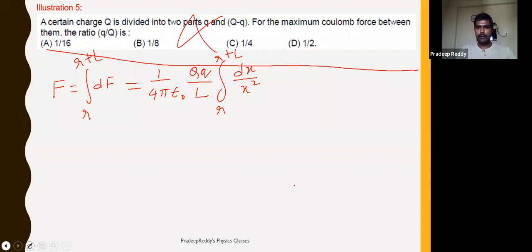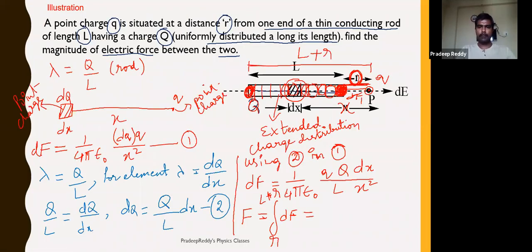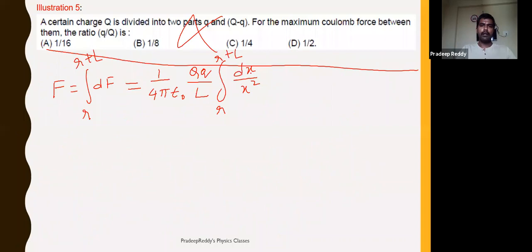This total part I am integrating. Now this is dx divided by x square. You can evaluate this integration.